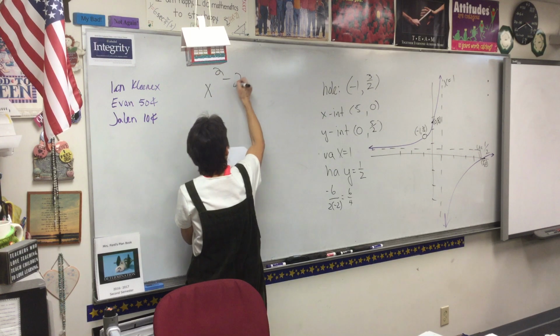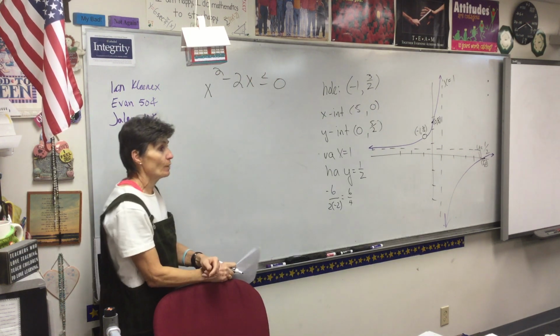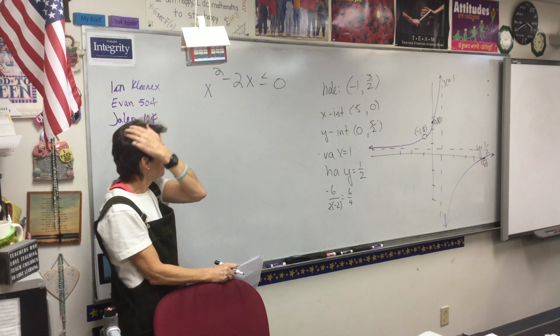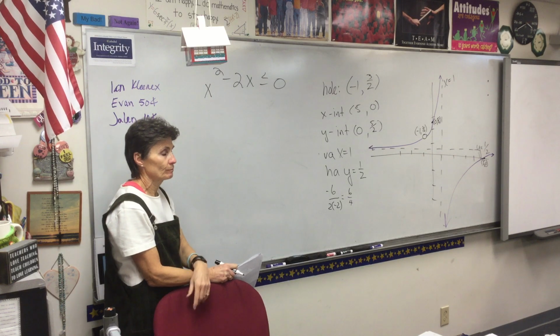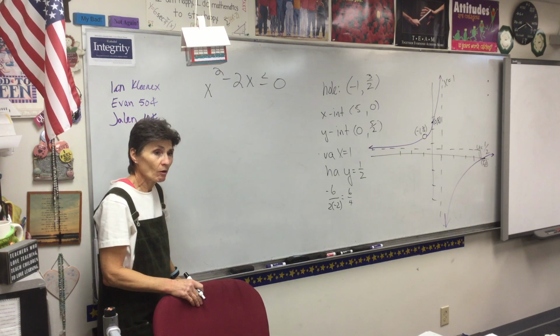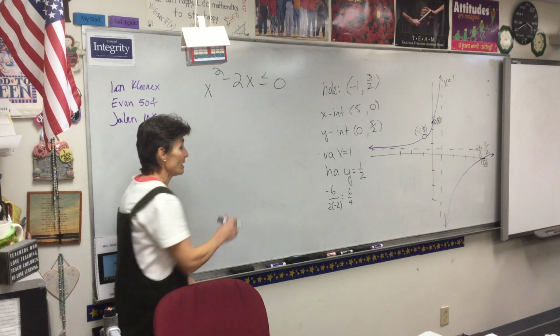So the first thing you're going to do with this problem is subtract 2x. Now what are you going to do? Factor. And when we say factor this one, we're not all confused. It's a GCF. We're just going to take out x.